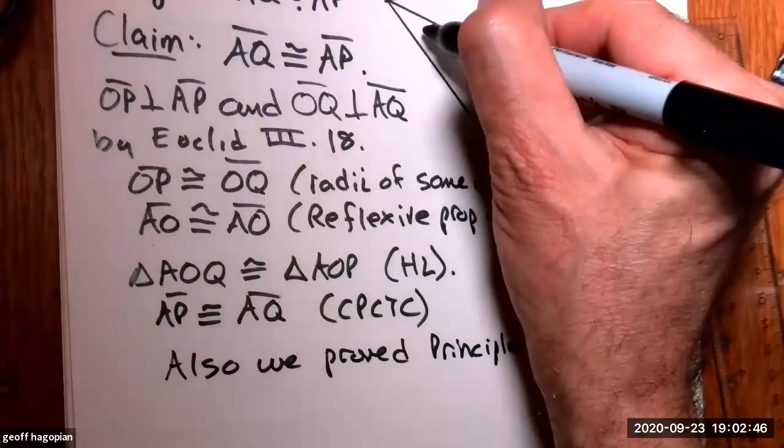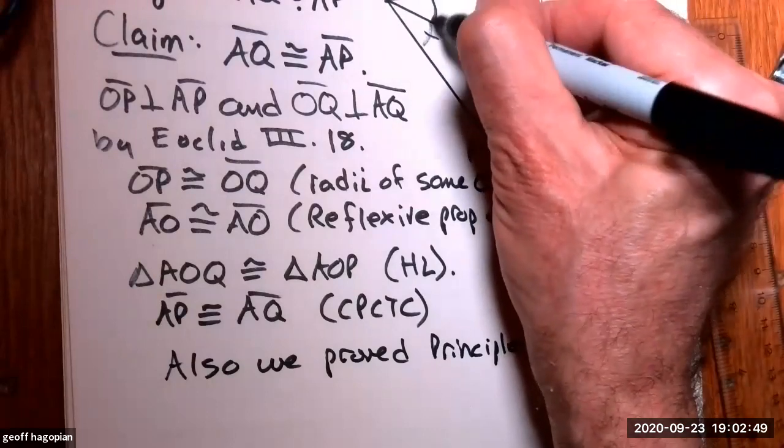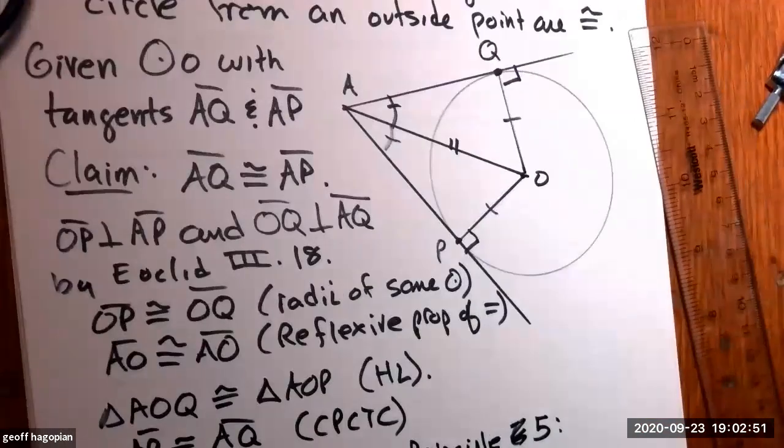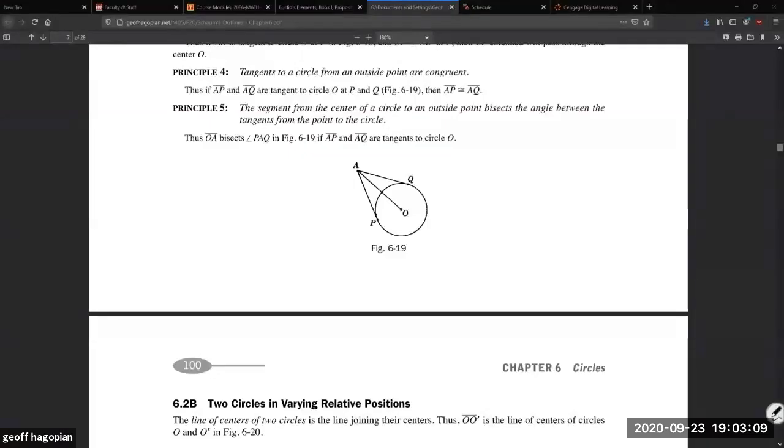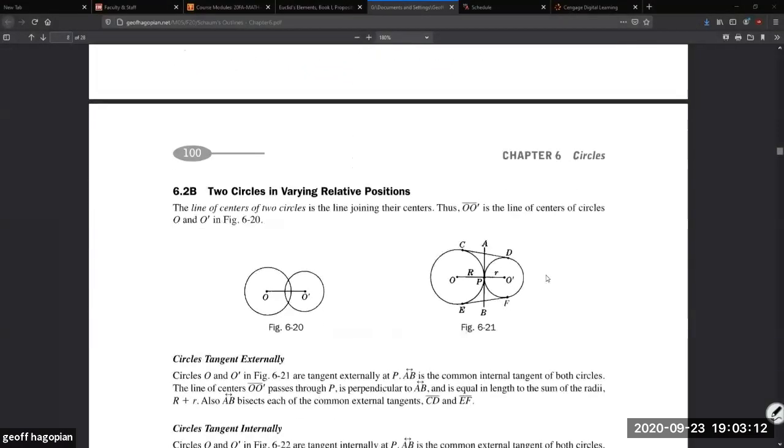So in other words, and let me not belabor this because we're short on time. Those angles are the same because those are congruent triangles, right? And so AO will bisect angle PAQ, right? So that's principle 5.